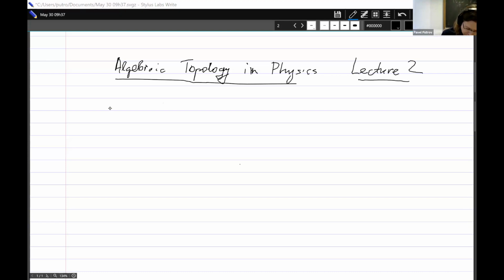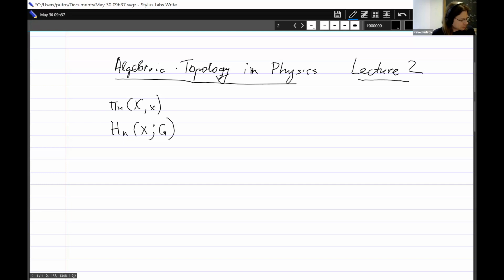Okay, so let me briefly remind you what happened during last lecture. We had the informal introduction to the notion of homotopy groups of topological spaces with marked points. And also we had considered homology groups of X with coefficients in G, where G is an abelian group.